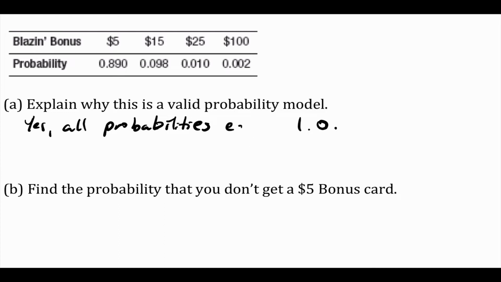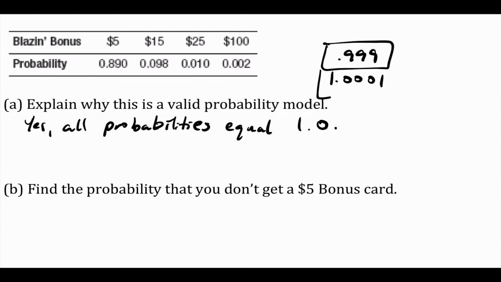Sometimes you'll have a table and you add them all up and you get 0.999 or 1.0001. What do I do then? What if I were to add up all the probabilities and I would get one of those two numbers? Is that valid or is there something wrong with it?